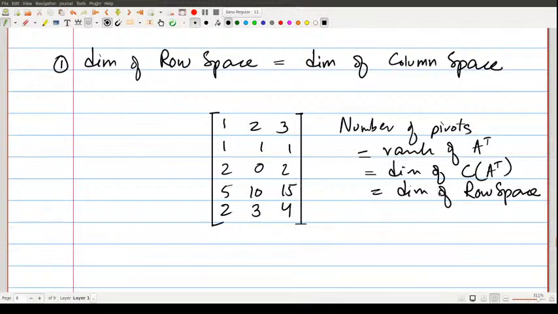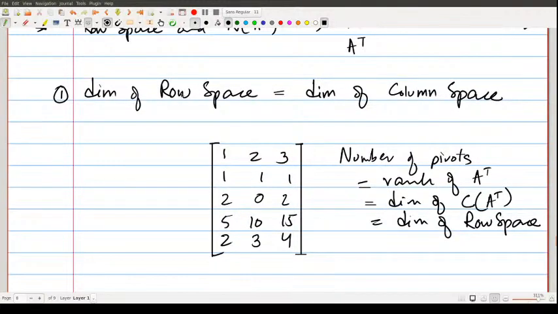I already know that the dimension of the row space of A and the dimension of the column space of A are the same, which means it's going to be equal to 3. So when I do Gaussian elimination on this, I'll get three pivots, which means I won't get any free variables.